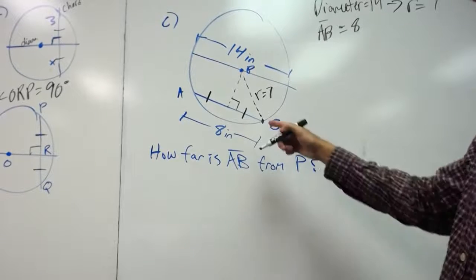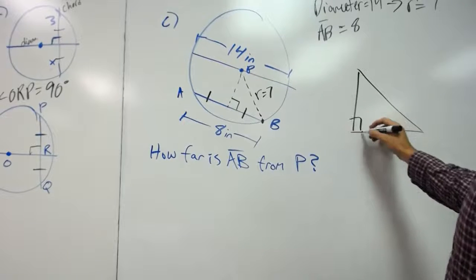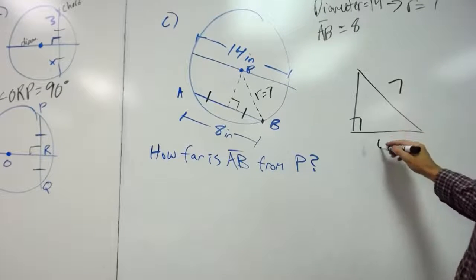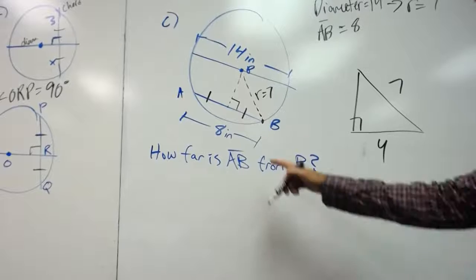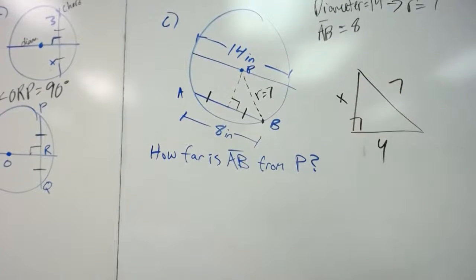So therefore, this part of the triangle would be 4. So what I can say is we have a hypotenuse of 7, a bottom leg of 4. I'm just moving this triangle here. And now we need to find, I'll call it x.